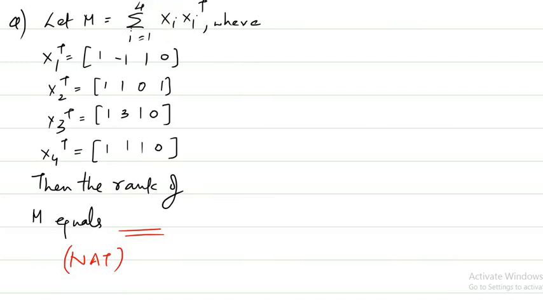If you go back to our lectures, we discussed one result: rank of A plus B is less than or equal to rank of A plus rank of B. If you think in terms of linearly independent rows, the number of linearly independent rows in the A plus B matrix is less than or equal to the number of linearly independent rows in A plus the number in B. This cannot always be equal, it can be less than, but it cannot exceed this value. Let me give you a small example.